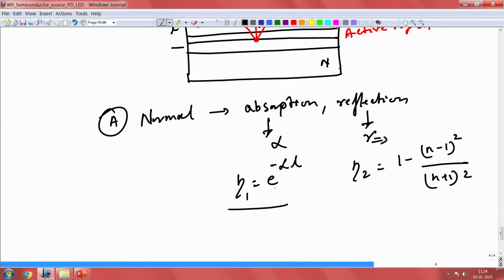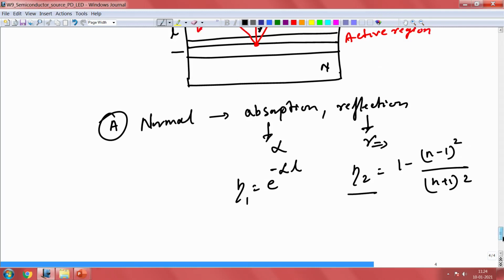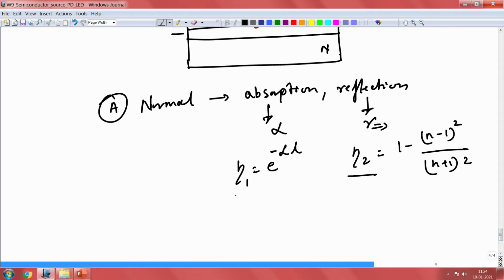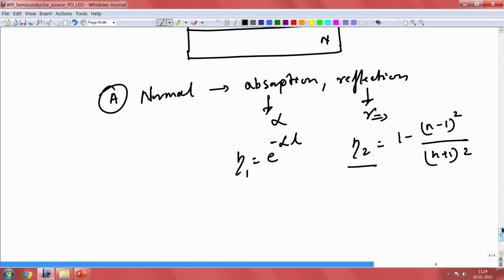So, this is what you will get out, and because of reflection eta 2 is your efficiency that would result. Okay. So, now you can modify this into 4n divided by (n plus 1) the whole square. So, that is eta 2.